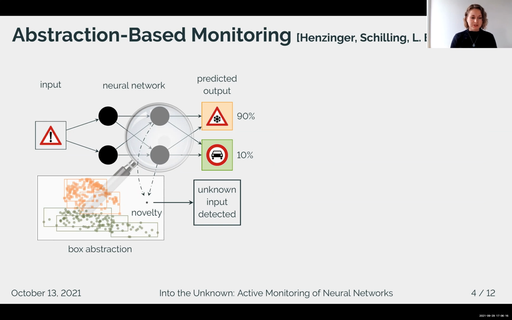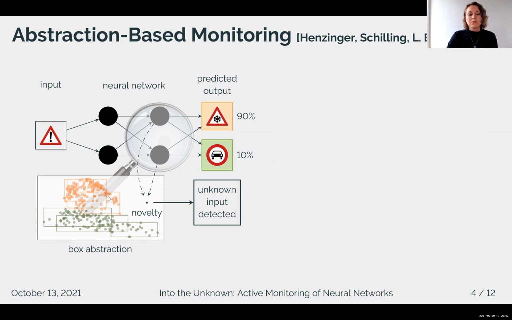And we build an abstraction based on all the training data set that we have of the behavior inside these layers. So for each input from the training data set, we would make a point here on the space of all the neurons inside the layers and color it according to its classification in the training data set.